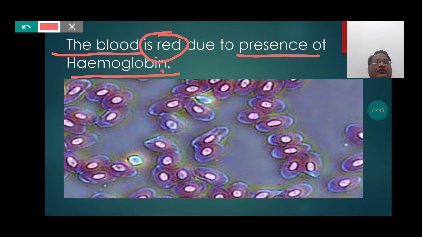So students, hemoglobin, which is one of the advanced features of the vertebrata, remains present in the blood of the amphibians.